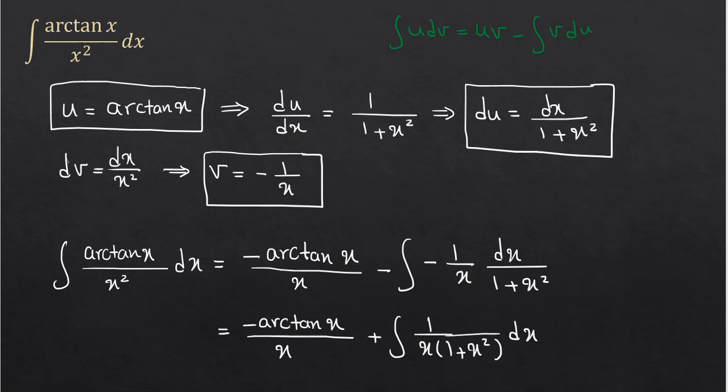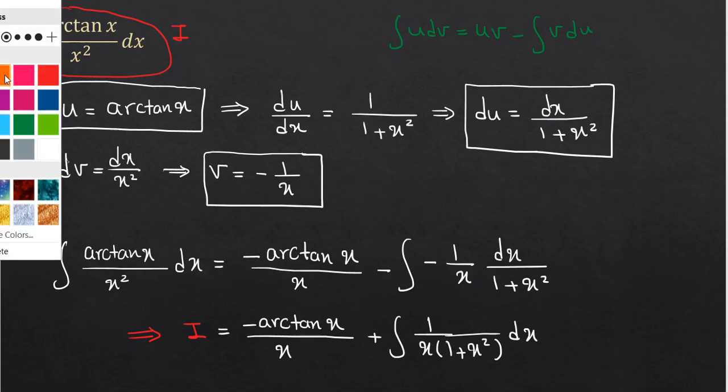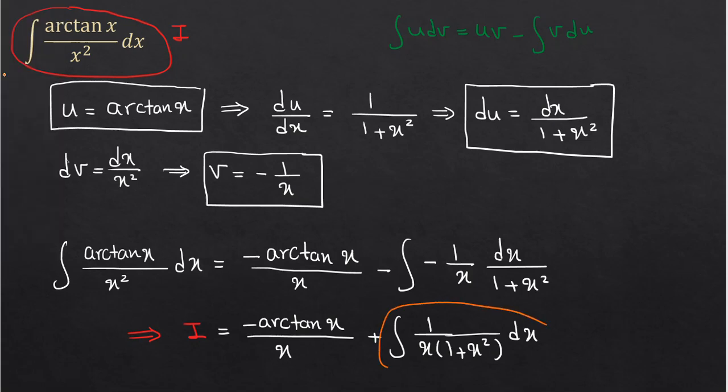If I call the original integral I, then I is equal to this expression, and I'm going to call this integral j. So if I find the integral of j, then I have the answer to my integral. Let's try to find j.